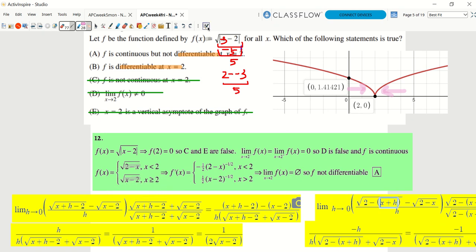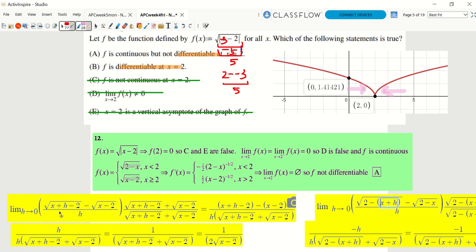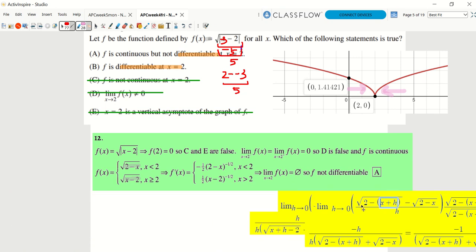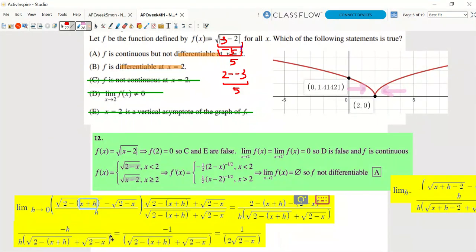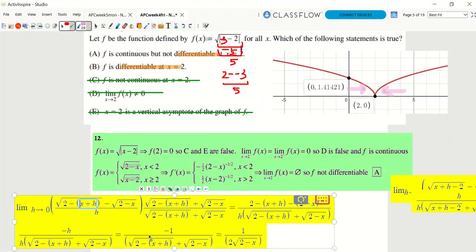we want to, differentiable, remember, means you want to find the slope. So we find the slope of this, and here is all the work showing. That top one, that's actually the bottom one. The top one is right over here. This is the top one.